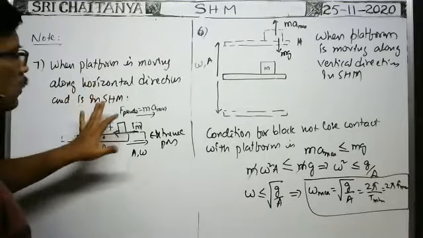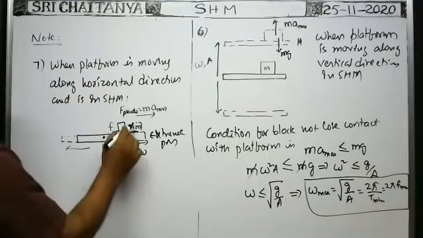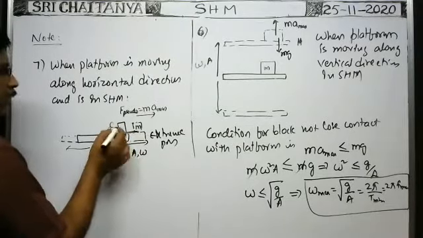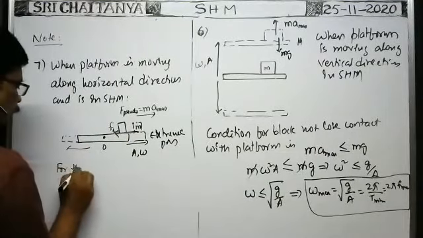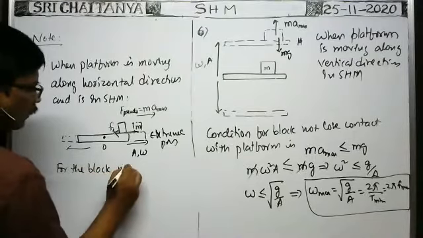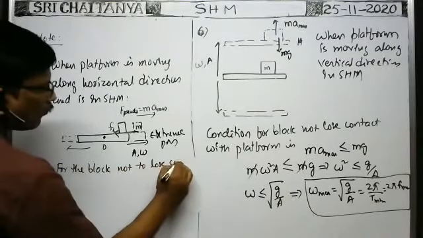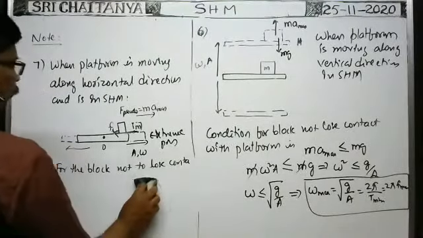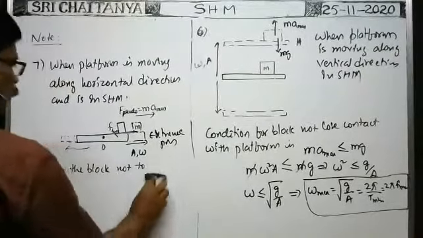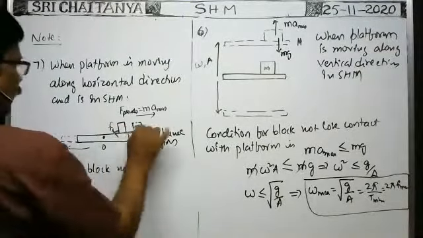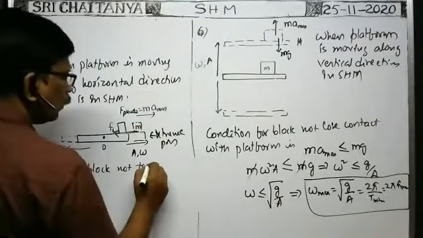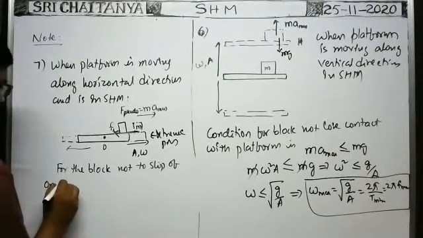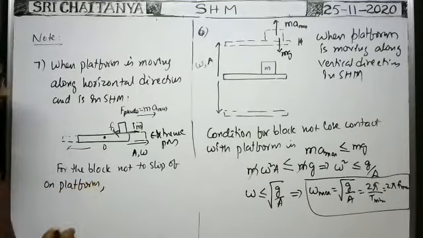For the block not to lose contact, what is the condition? Suppose the limiting friction between the block and the platform is say FL. For the block not to slip off on the platform, because it slides on the platform, what is the condition?